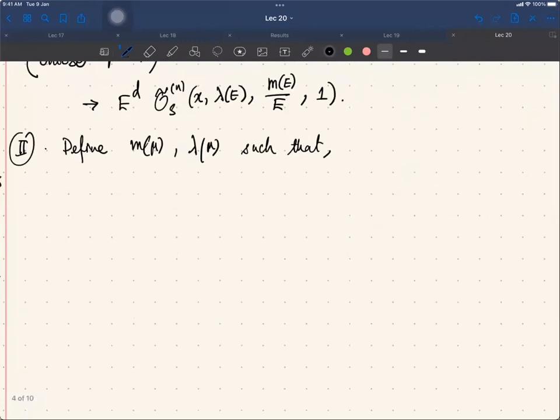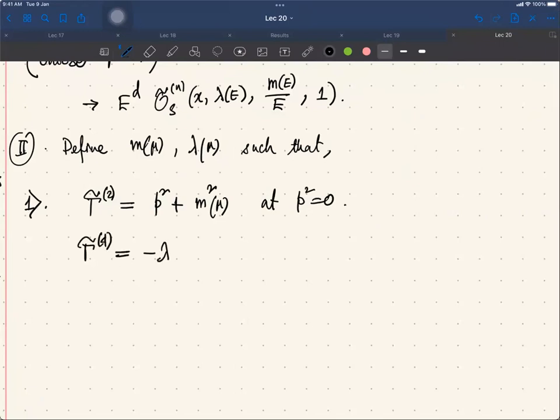Here is one scenario: you define gamma tilde 2, the 2-point vertex, as given by p squared plus the coupling at p squared equal to 0, and gamma tilde 4, the 4-point vertex, as minus lambda mu at p_i equals 0.